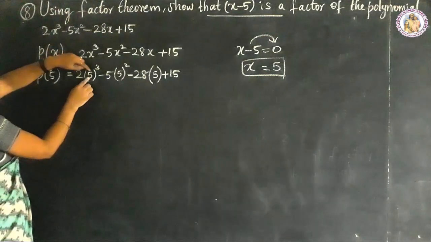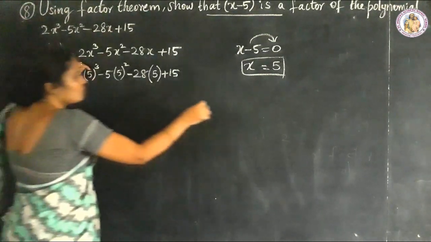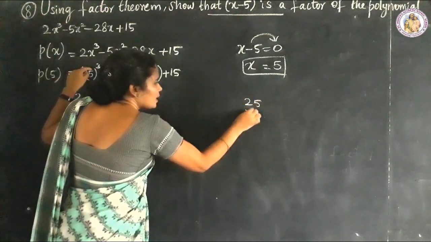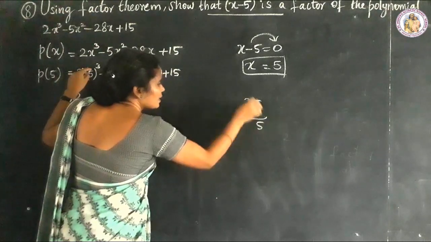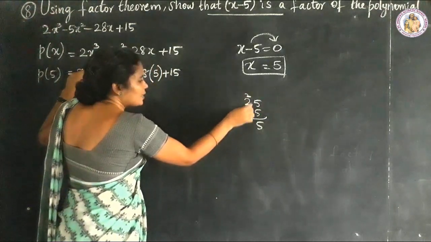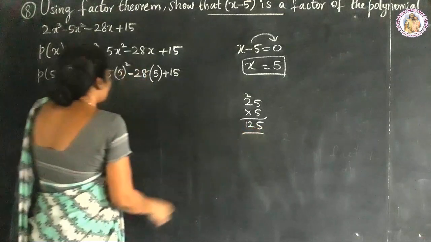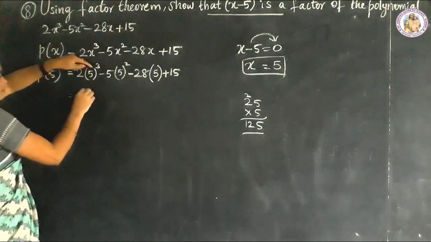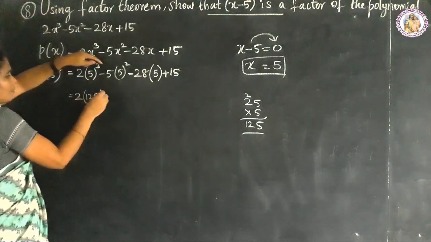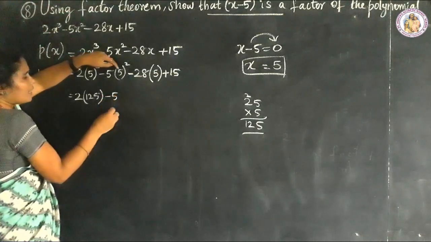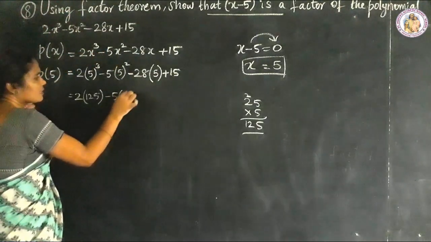2, 5 into 5, 25. 25 into 5: 5 5s are 25, remaining 2. 5 2s are 10, 11, 12. So 125. Minus 5 into 5, 25.